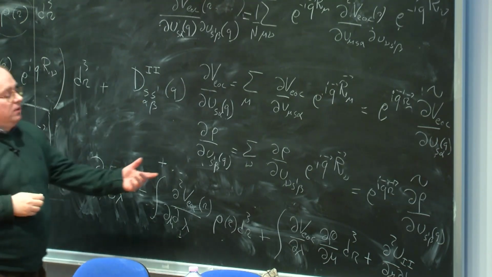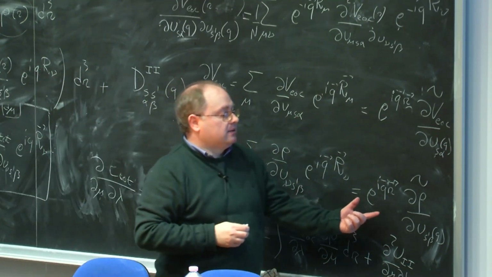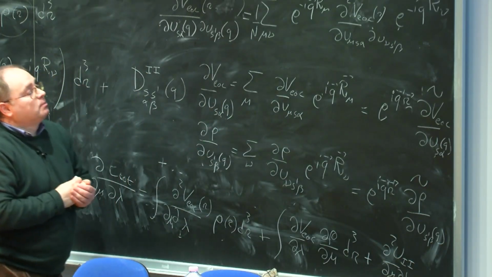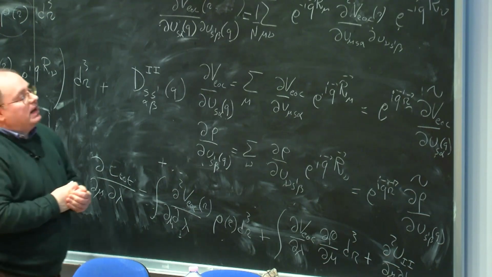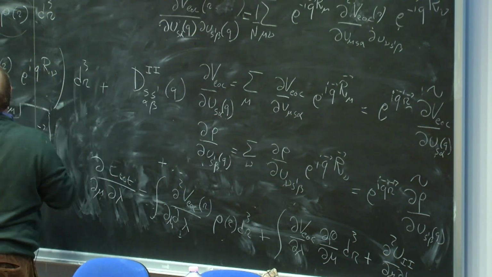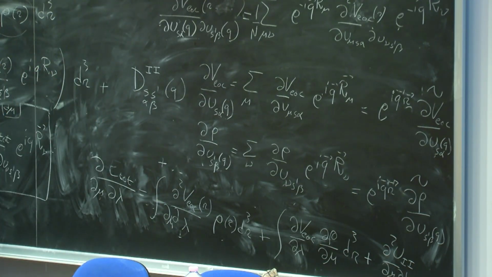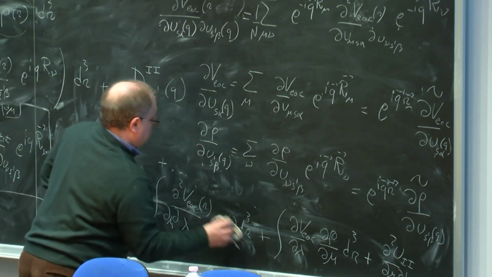And then I will show that this is a phase factor multiplied by a periodic function. Well, how can we see this periodicity? Well, I cancel here.